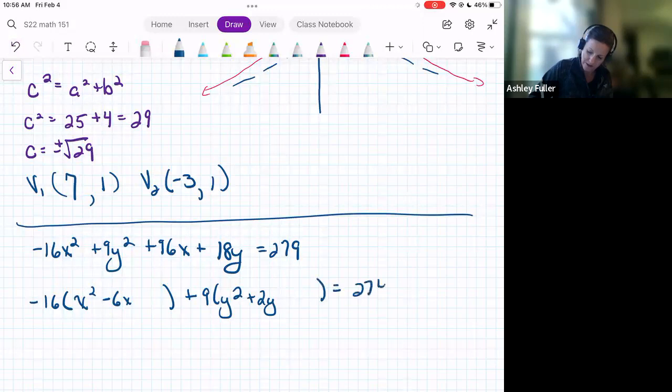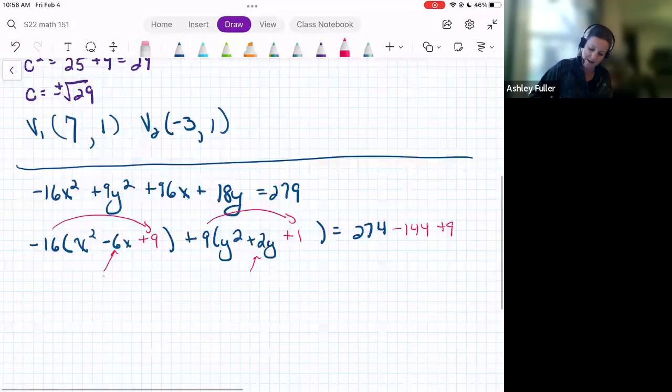equals 279. When I complete the square, I divide this by 2 and then square it, which gives me a plus 9. Multiplying by the negative 16 gives me a negative 144. Likewise here, I divide by 2 and square it, which gives me plus 1, which on the other side gives me a plus 9.